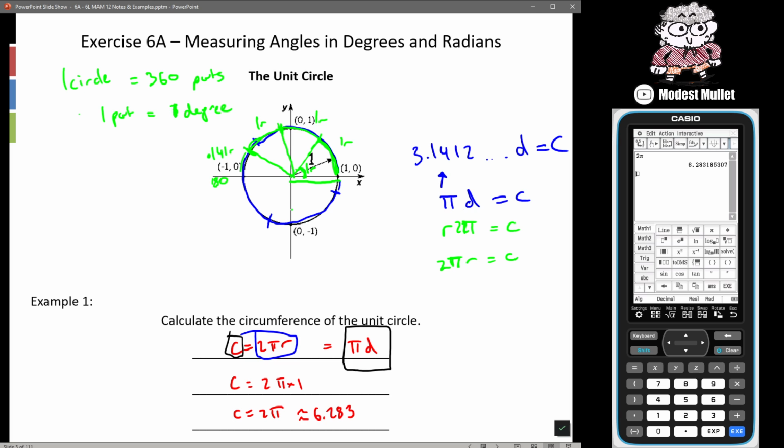So now you actually have an idea, roughly how big is 1 radian? Well, it's probably 50 something. If we think about it, 180 divided by 3 point something, we could just go 180 divided by pi gives me 57 degrees.